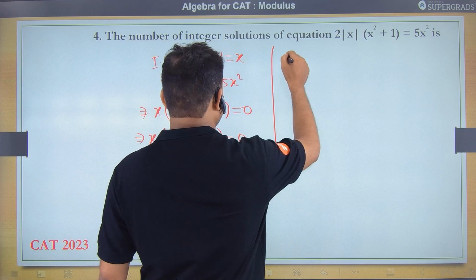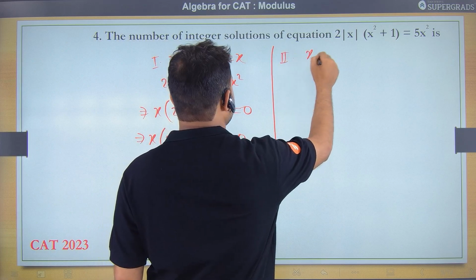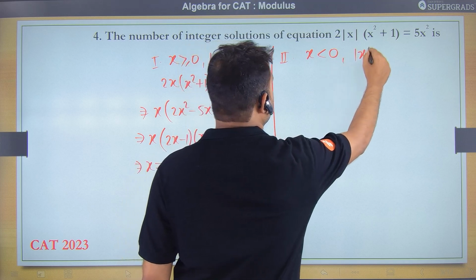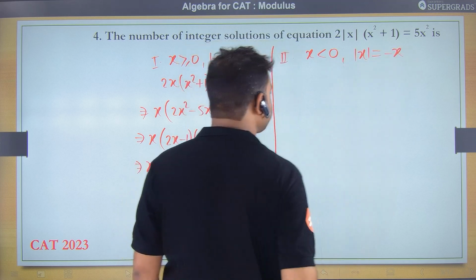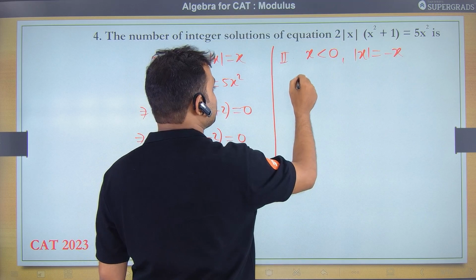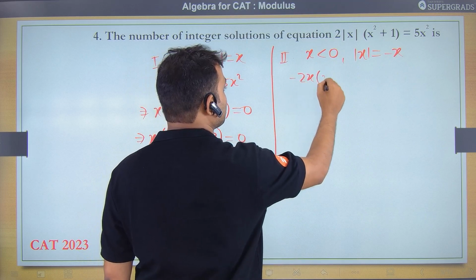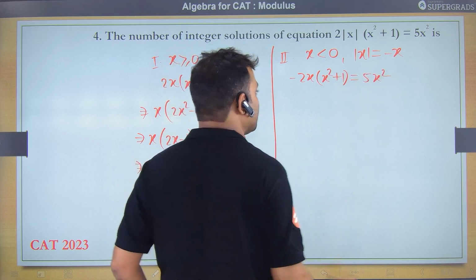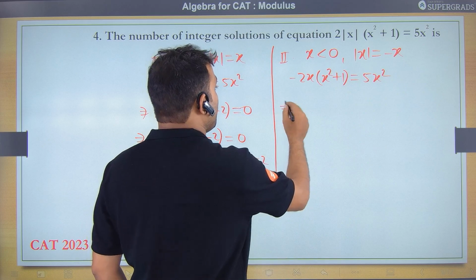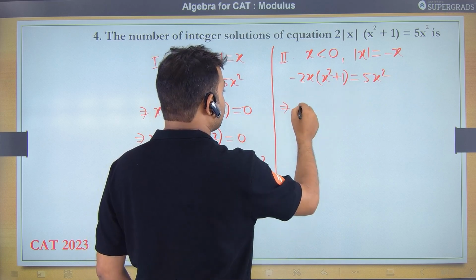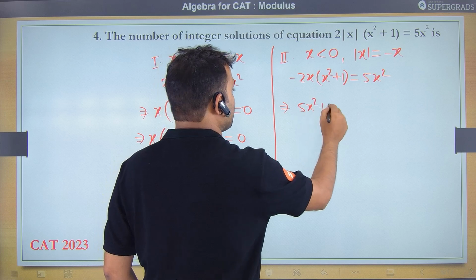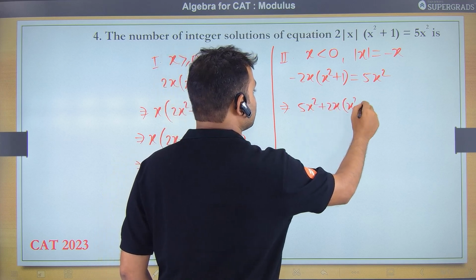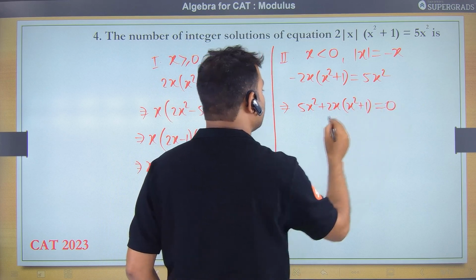Now, in the second case, if we take x less than 0, what will happen? Mod of x will become minus x. In that case, this expression will become minus 2x into x square plus 1, which is equal to 5x square. Again, take it to the right side. This will become 5x square plus 2x into x square plus 1 is equal to 0.